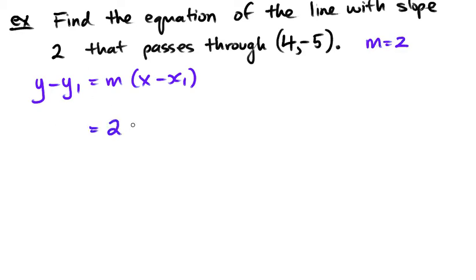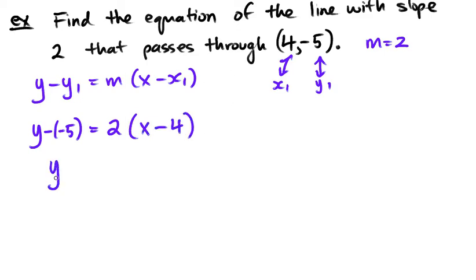And I know my x1 and my y1, so I just plug those in as well. So I get y minus negative 5. Just be careful with those when they're negatives, because you're subtracting away a negative. And x minus positive 4, which becomes y plus 5 is equal to 2x minus 4. And I'm well on my way to getting the equation of the line with these conditions.